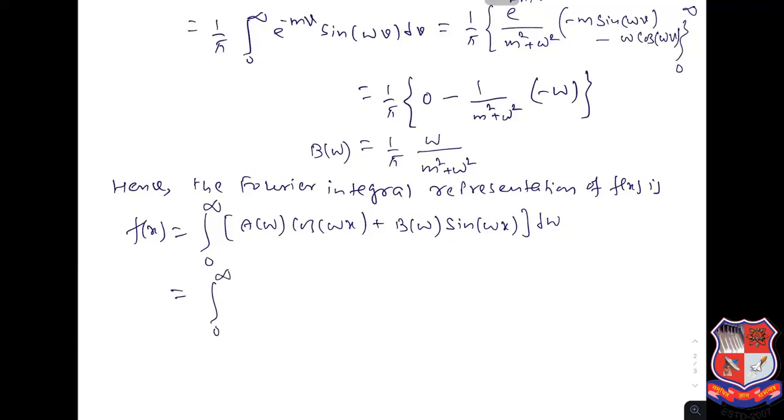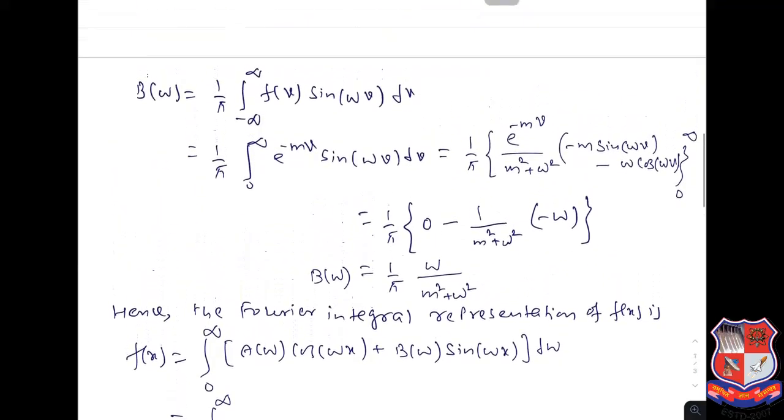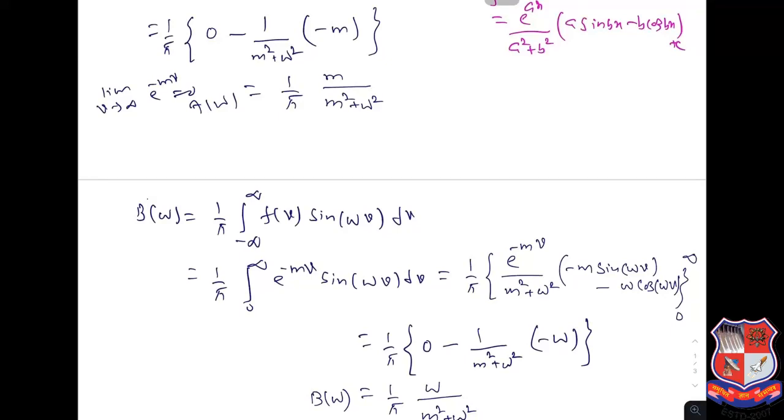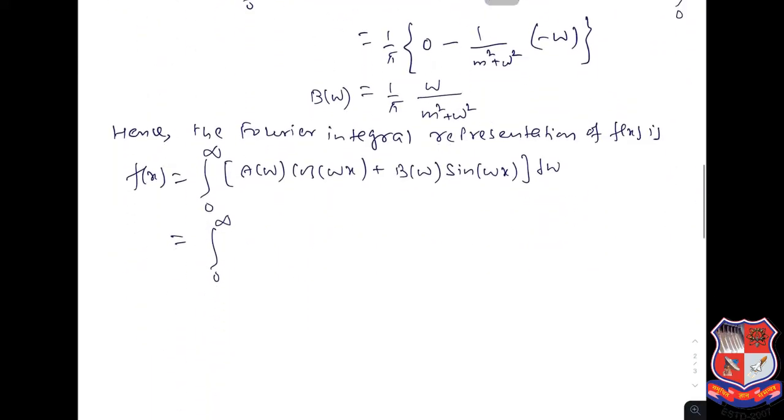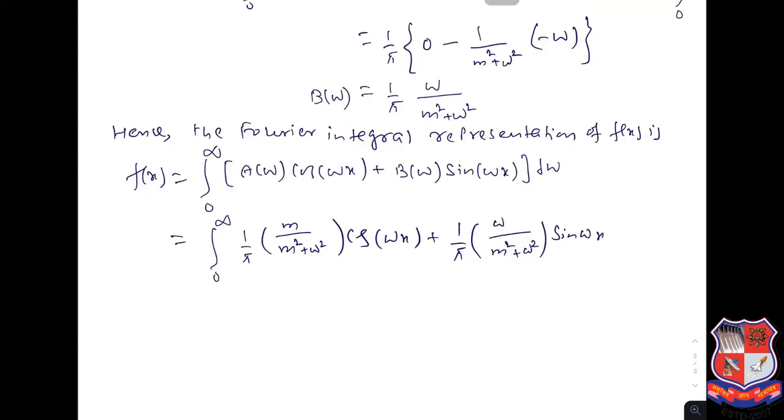So this is equal to integration 0 to infinity, a(omega) is 1 over pi, m over m square plus omega square, cosine omega x, plus b(omega), so 1 over pi, omega over m square plus omega square, sine omega x, d omega.